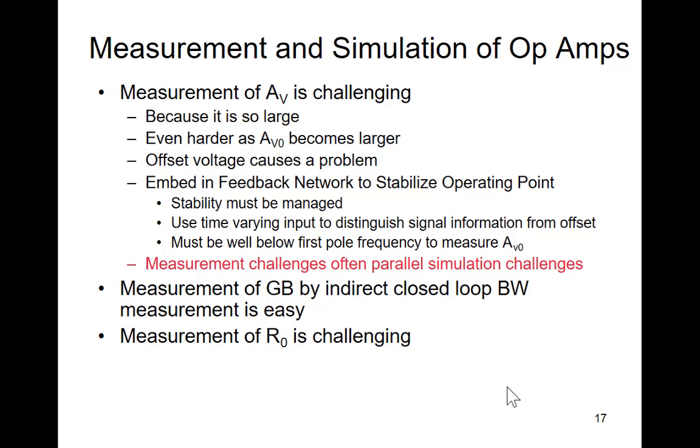So if you know VOC and you know RL and you measure Vx, then you can solve this equation for R out, right? So this is the way we can find the output impedance of a closed loop configuration.